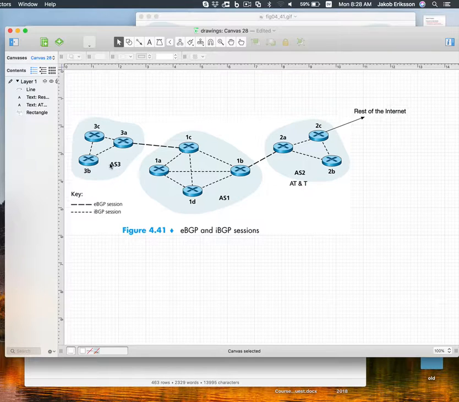That actually includes AS3, right? So that's a little curious. If we wanted, AS1 could route to AS3 by just sending it to AT&T, and AT&T would forward it. There's some other network here.